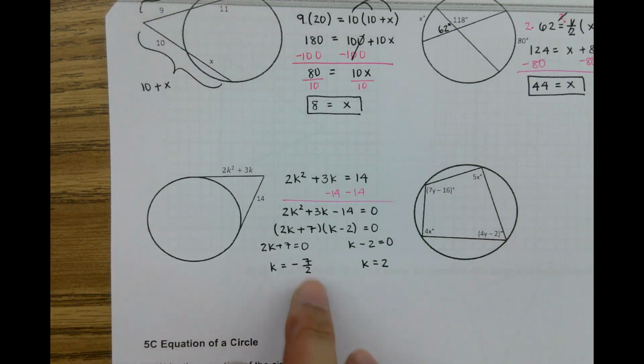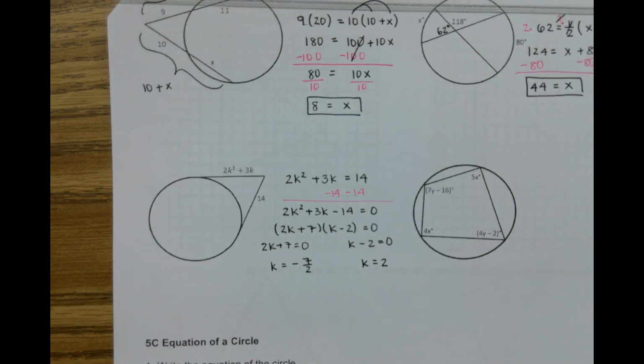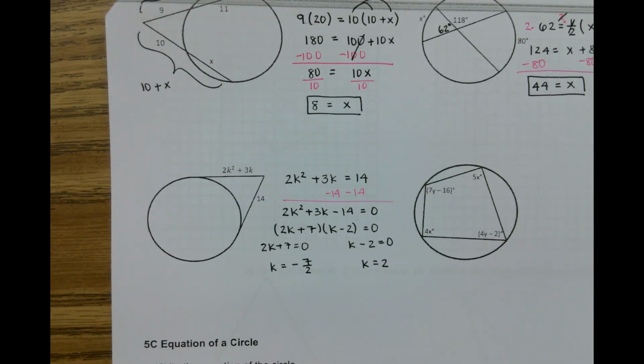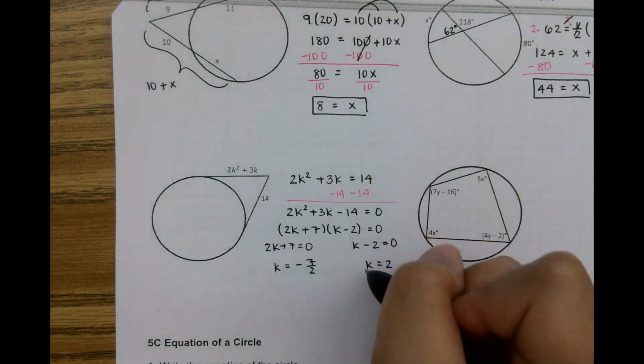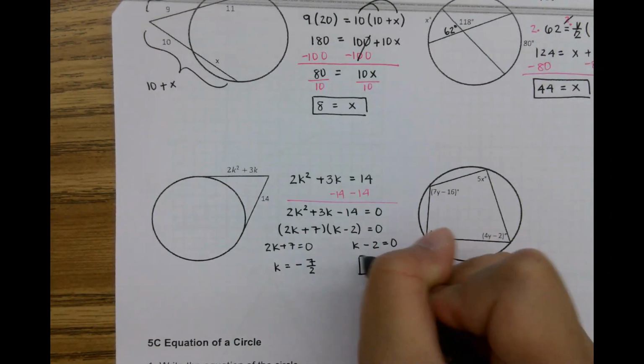If I plugged it back in, 2 times negative 49 over 4 plus 3 times negative 7 halves, this gives me a negative answer when I plug it back in, so I just want the positive one.